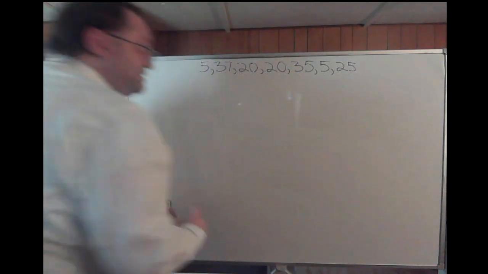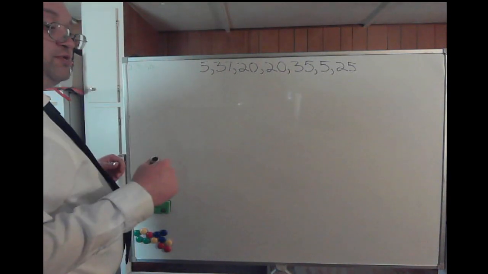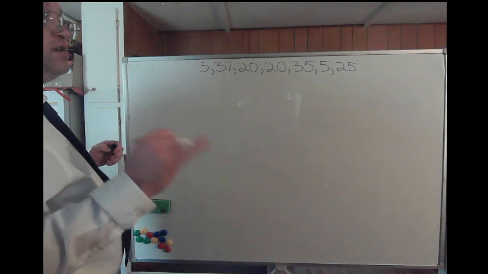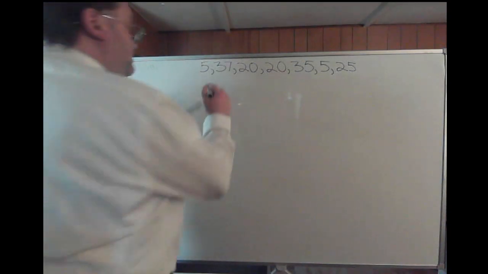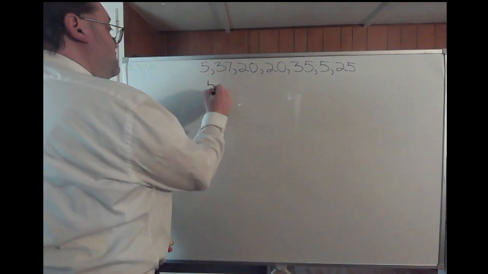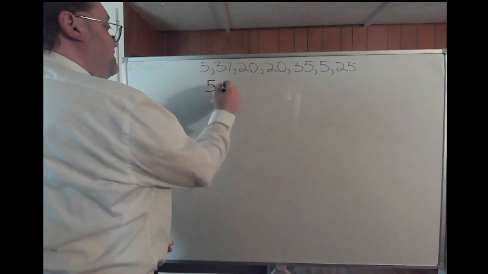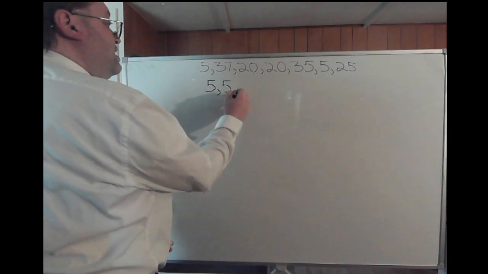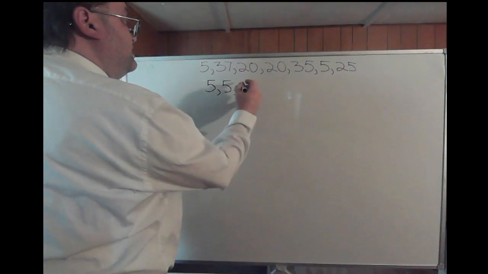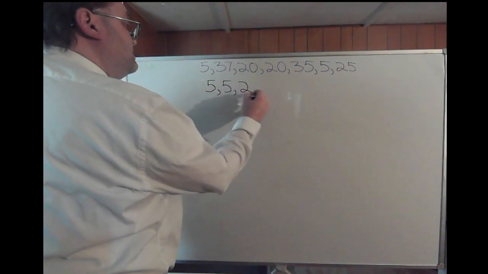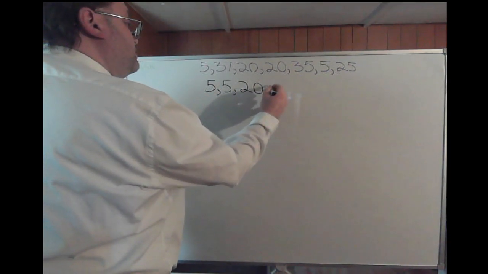We see that this list of numbers is not in numerical order from smallest to greatest, so we need to put that in the proper order. So we'll rewrite the list. 5, 5. What's next? It looks like 20 would be next. 20 also occurs again.